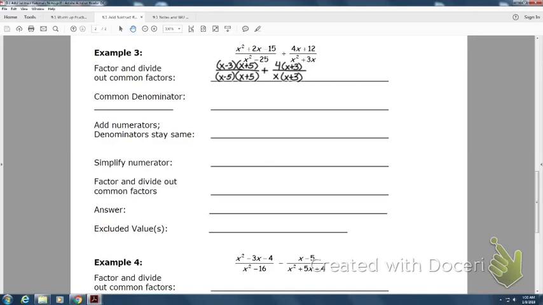Okay. Alright, so that we don't run into this again, let's go ahead and go down here and identify the excluded values. Okay, so Callie, what would those be? Give me 2 of the excluded values. -5 and +5. Okay, so give me the other 2.